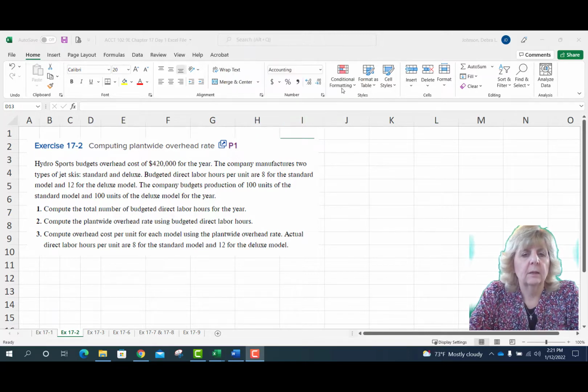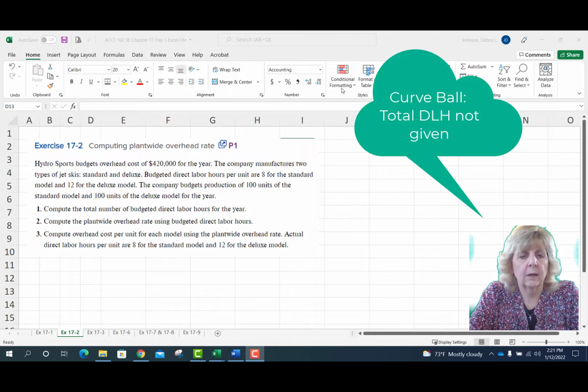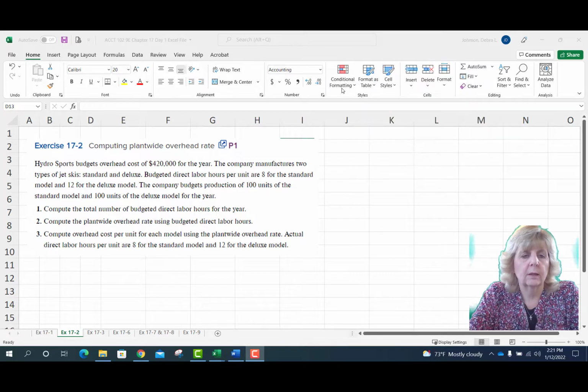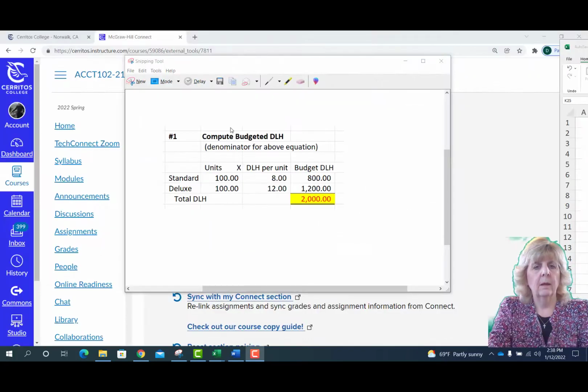In this case, it looks like they are not being very specific about what the direct labor hours are for the year. In the first example we did, they gave us that. In the second example, they're going to make us work to get that. So requirement number 1, figure out how many direct labor hours they plan on using for the year.